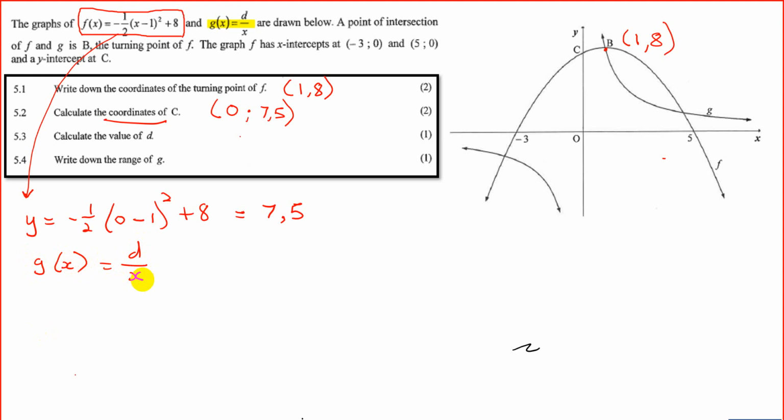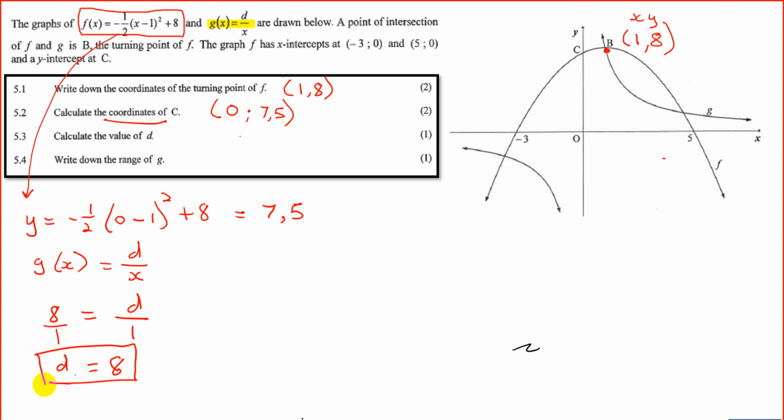If we look at the graphs that we have, we see that we have a point called B, which is (1; 8). All we have to do now is sub this point. G of x refers to y, which is 8, is equal to D, and our x value there is 1. If we cross multiply, D times 1 is D, 8 by 1 is 8. So we get the value of D to be 8.